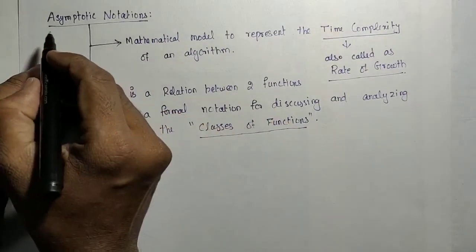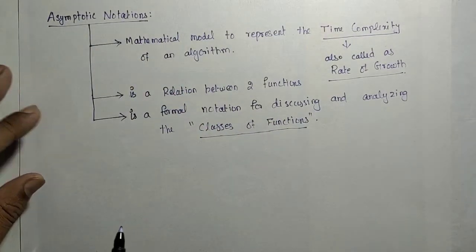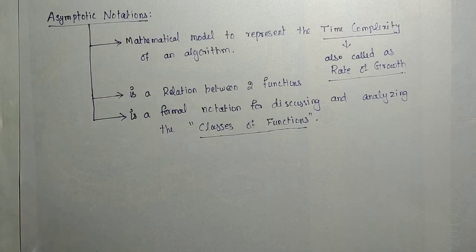So next, asymptotic notations, which are used for representing the time complexity of an algorithm. After designing the algorithm, we need to estimate the approximate execution time. That means we need to state the time complexity of that algorithm. How do we state it?